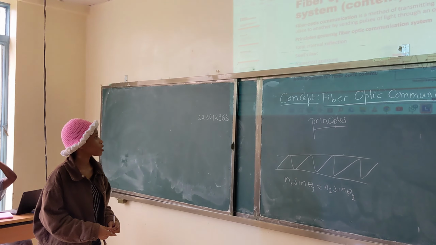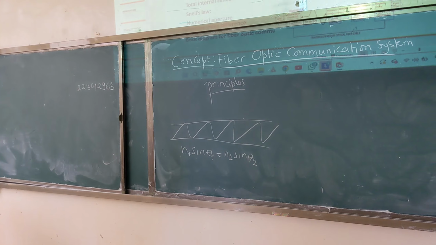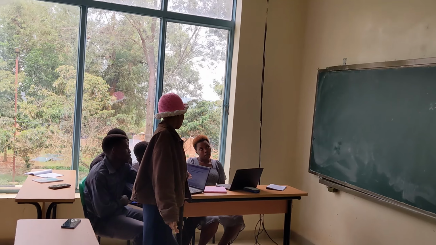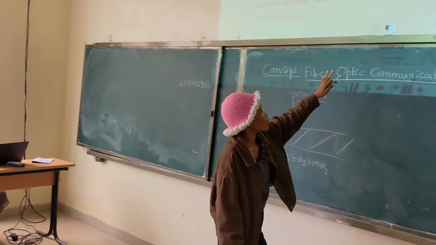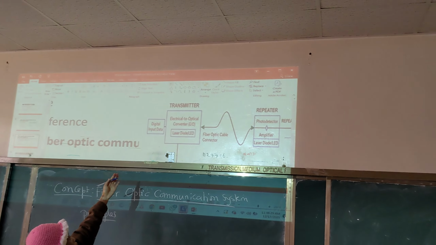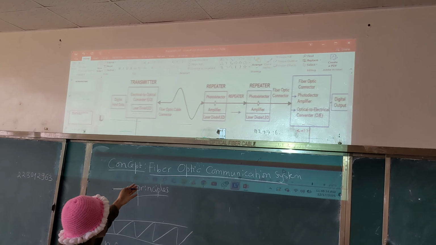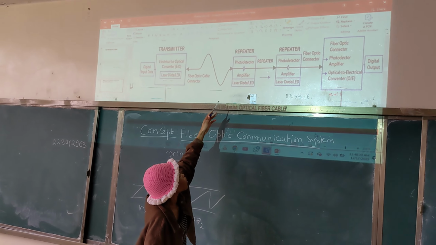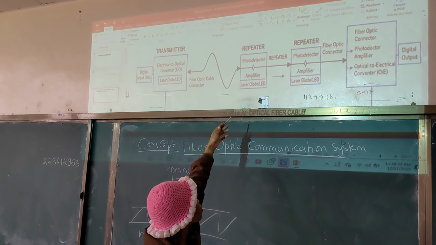Another is refractive index differences and numerical aperture. As you can see here, there is a diagram explaining how information is transmitted. I think it's not seen well, but you can see there is digital input data, an electric-to-optic converter, and this is an optic fiber cable which will transmit those lights and put them in an amplifier.